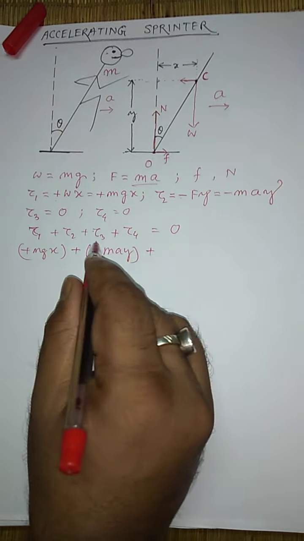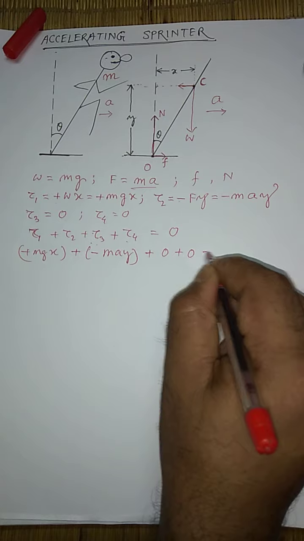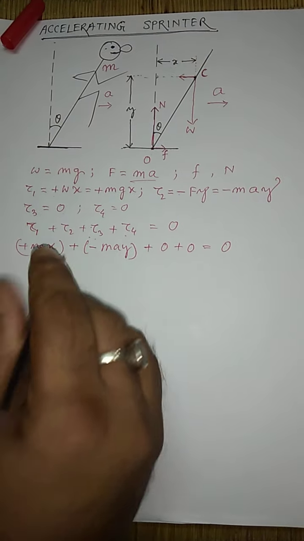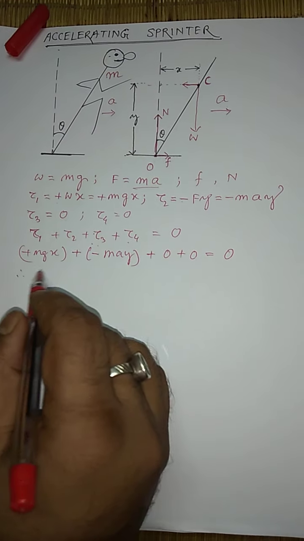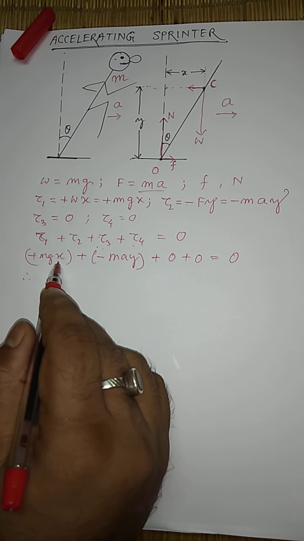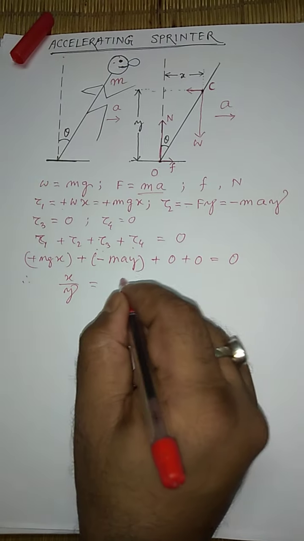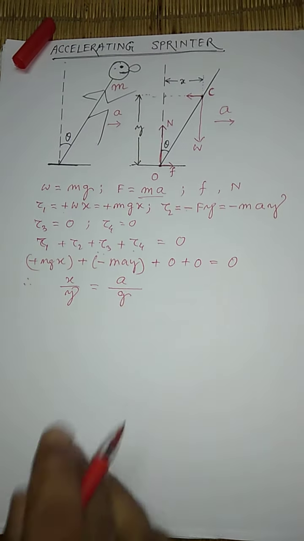In place of tau 3 we write 0. In place of tau 4 we write 0, is equal to 0. Therefore, from this equation we get x divided by y is equal to a divided by g.